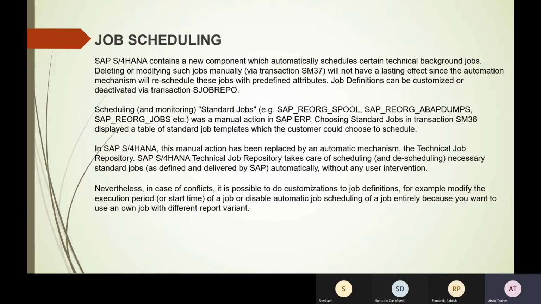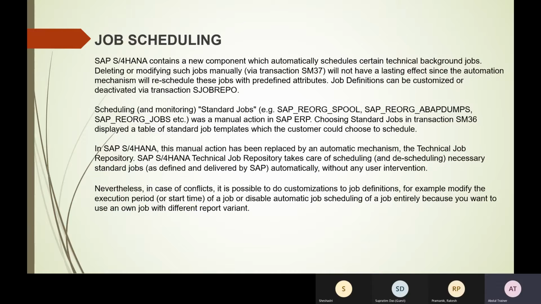So if you're trying to change these technical background jobs, like start time, then variants, using SM37 or SM36, then those will be overwritten. Okay. So how will you change this? Job definitions can be customized or deactivated using the transaction SJOBREPO.